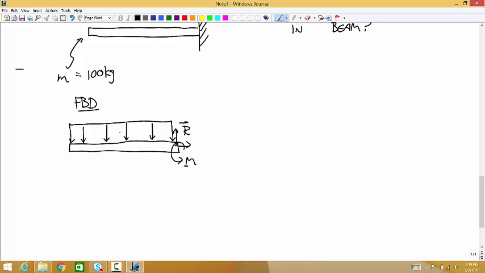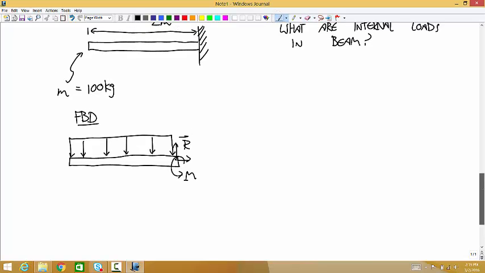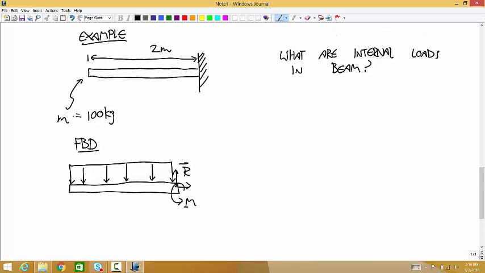So that weight, instead of treating it like it's concentrated at a point in the middle, it's really a distributed load. And the value of that distributed load is just the total force of 981 divided by the length. And so this distributed load is 490.5 newtons per meter.